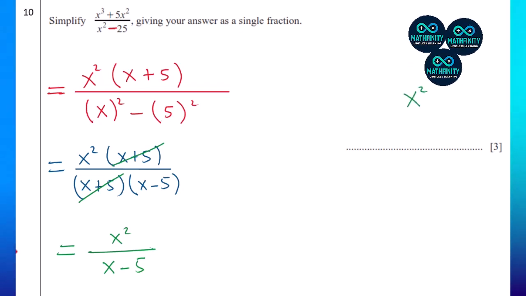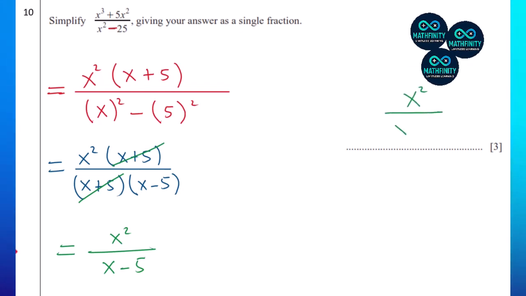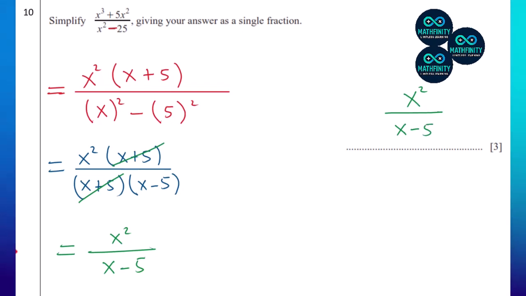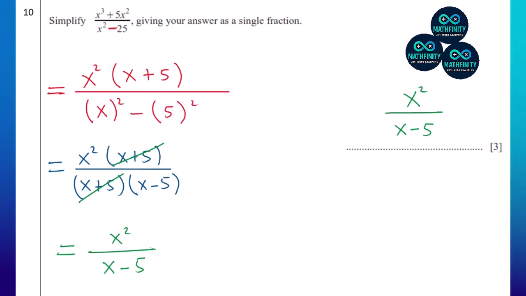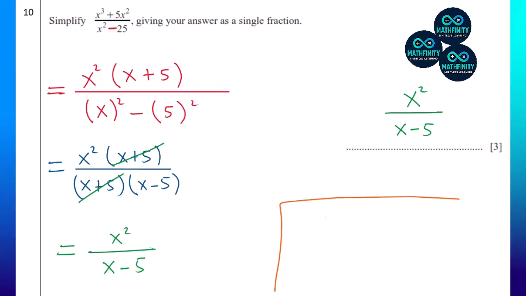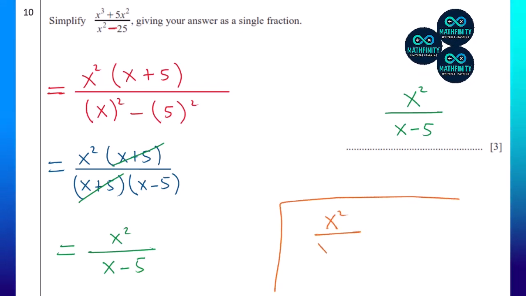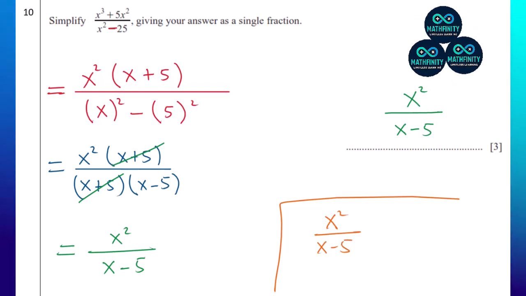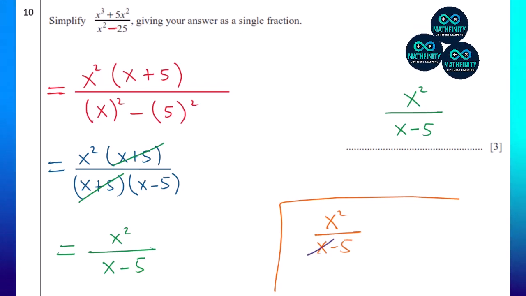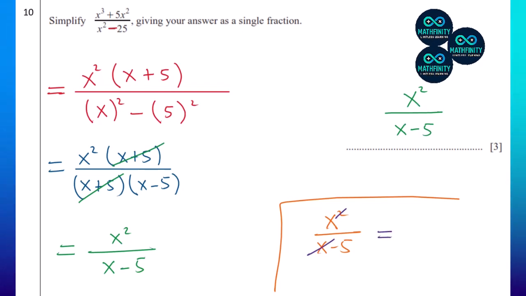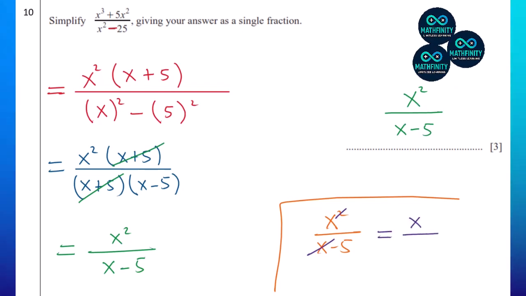But I also wanted to discuss one important thing with you here. Some students, whenever we are checking exams, quizzes or mocks, we observed one thing you should take care about. In x square over x minus 5, they cancel the x from the numerator and denominator and write the answer x over minus 5.